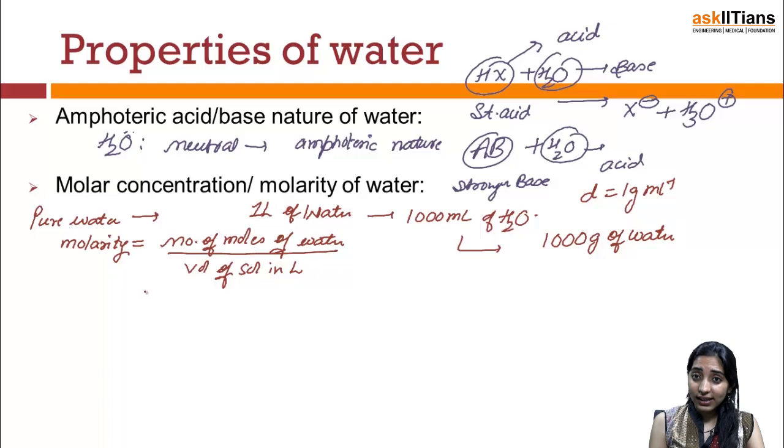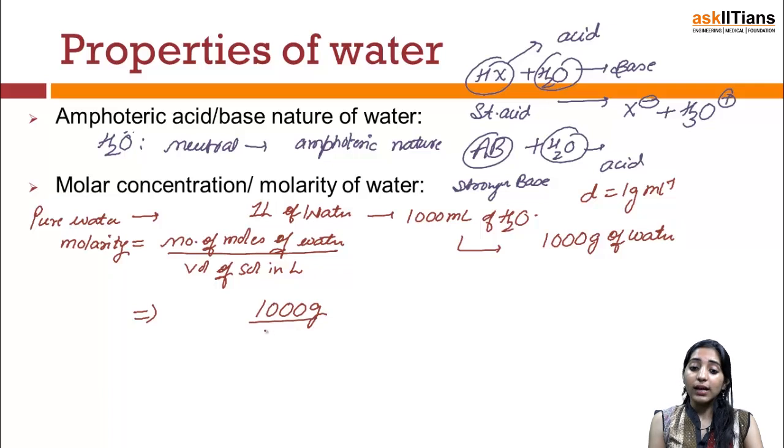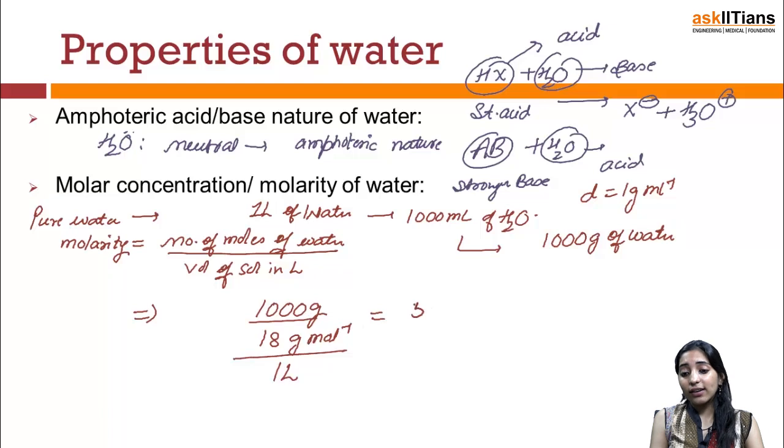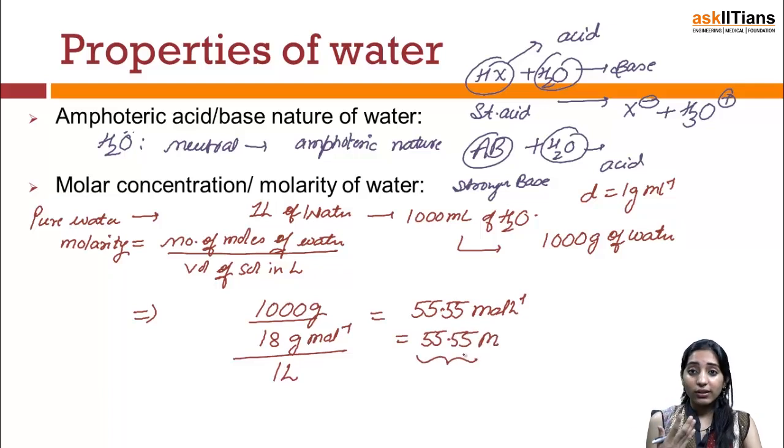If I put this in the equation, the number of moles of water is the given mass, which is 1000 grams, by the molar mass of water, which is 18 gram per mole, by the volume of solution, which I am taking to be 1 liter. If I solve this, I will get a value of 55.55 moles per liter, which is nothing but 55.55 molar. Now this is known as the molar concentration of water or the molarity of water.